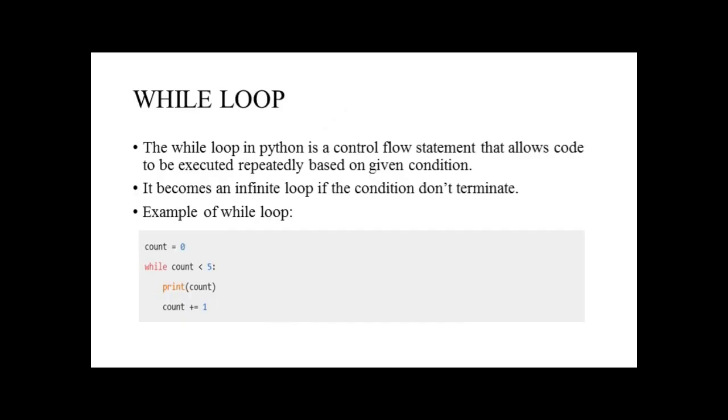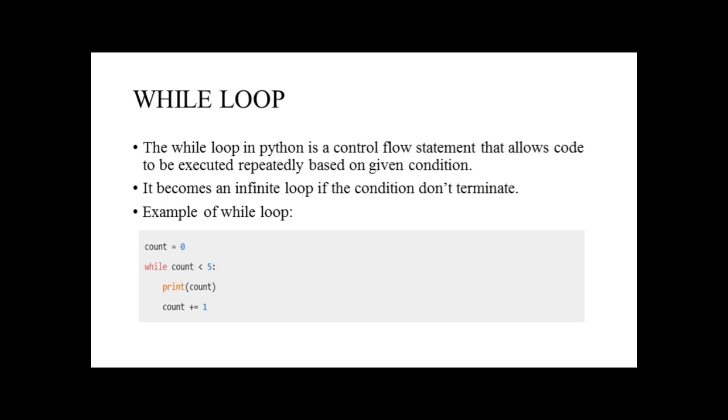In this case, count is equals to 0. While count is less than 5, we set the count value to 0. Now we set a condition that until and unless count is less than 5, the loop will print count, and after printing it will increase the count by 1.